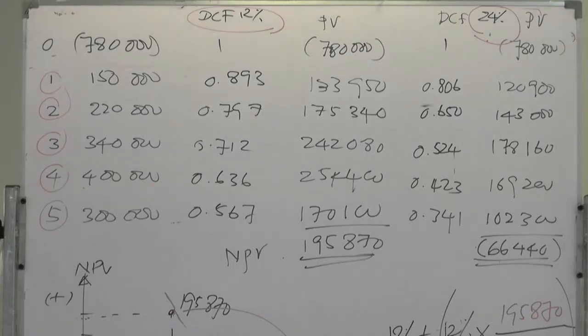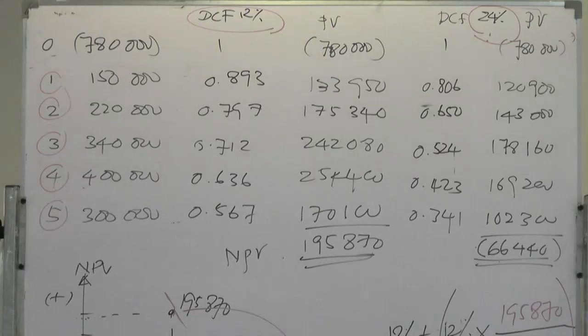If you increase the cost of capital, in other words the discounting factor, to 24%, NPV has decreased. You can see that at a 24% discounting factor or cost of capital, NPV is minus 66,000, approximately.